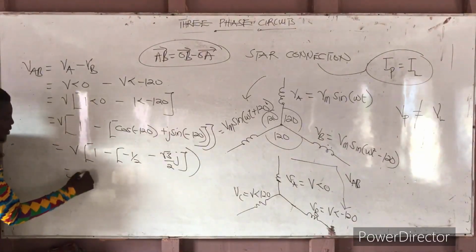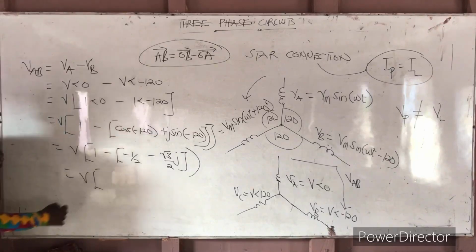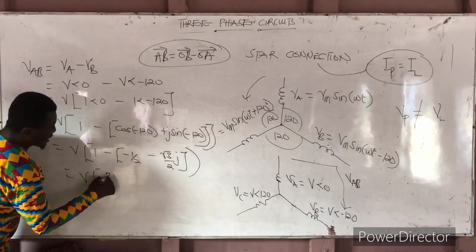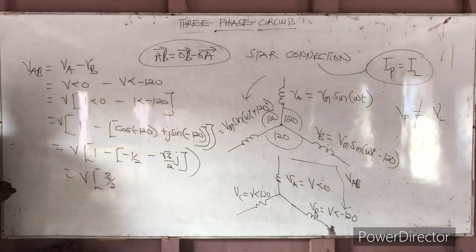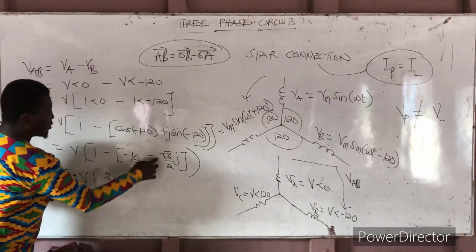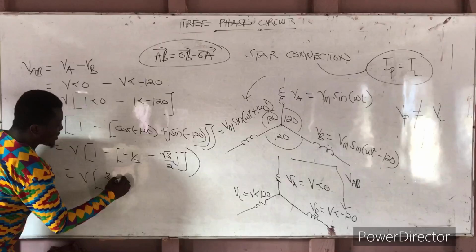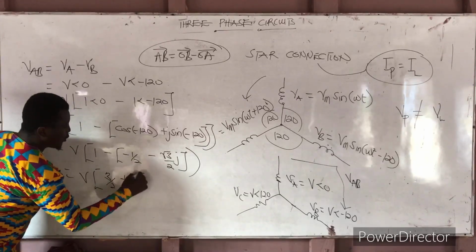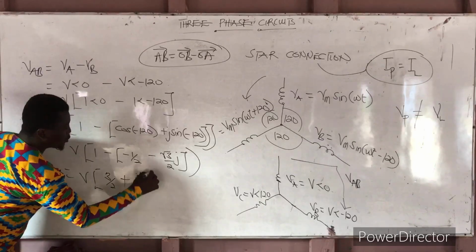So we are going to get V times 1 minus minus half, which gives us 3 on 2. And we are going to get negative negative, which is plus J root 3 on 2.